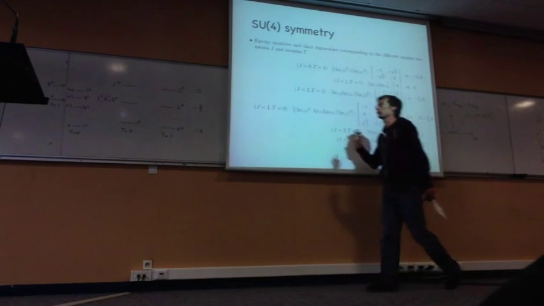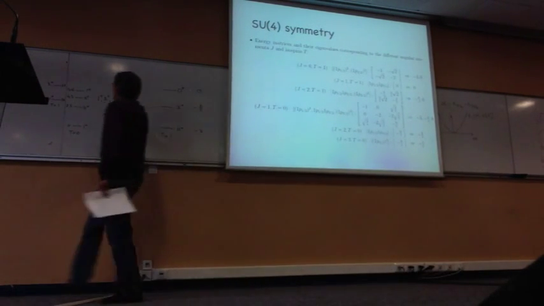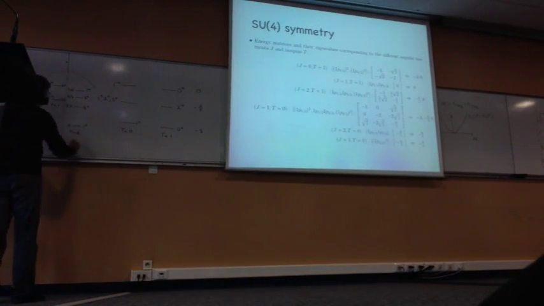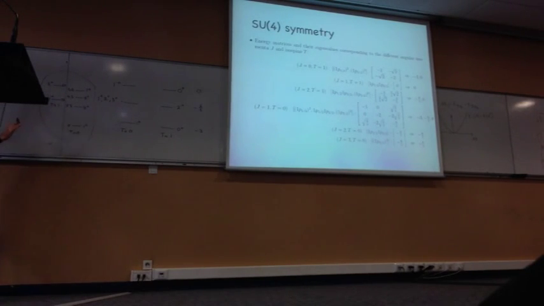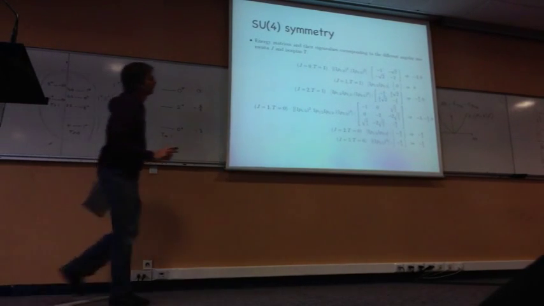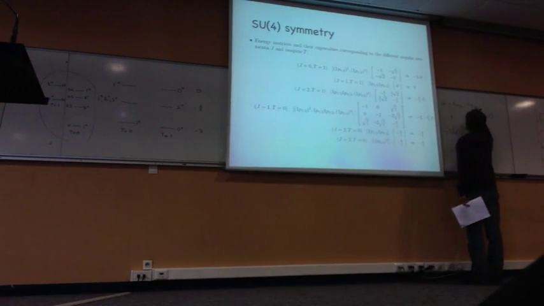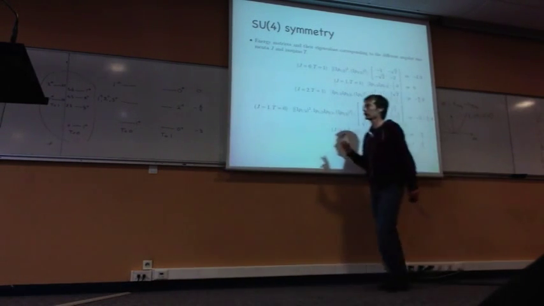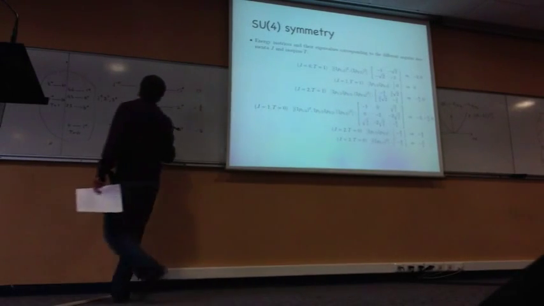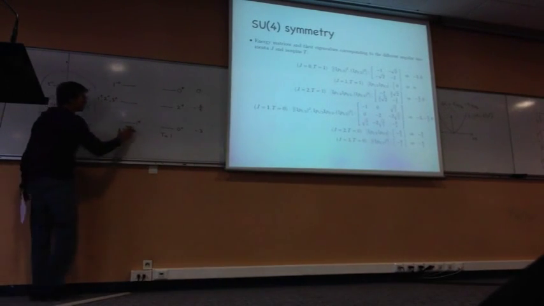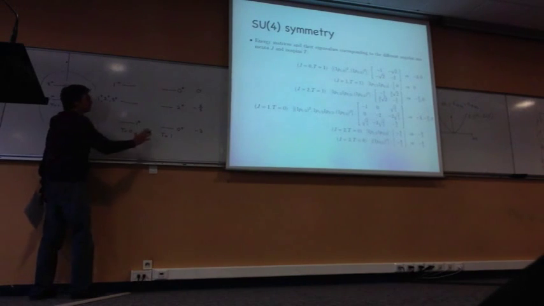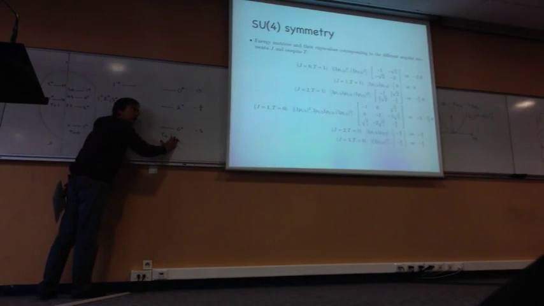So from the spectrum of lithium-6, you can deduce two things. First of all, the P1/2 should be above the P3/2. And secondly, the strength of the delta interaction in the T equals 0 channel should be stronger than the strength of the delta interaction in the T equals 1 channel.